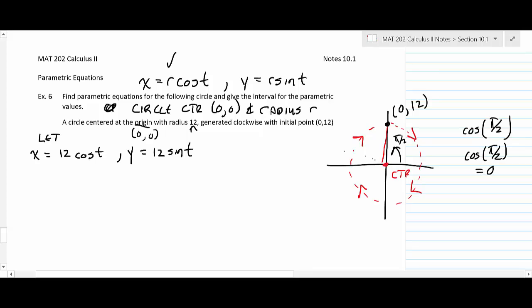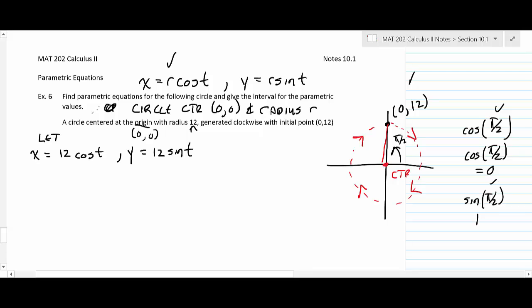And then the sine of pi over 2 is 1. So that would generate that same point. You can tell that 12 cosine t, if t is pi over 2, is generating that point.